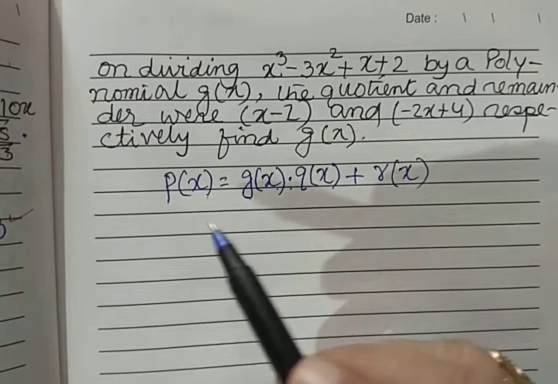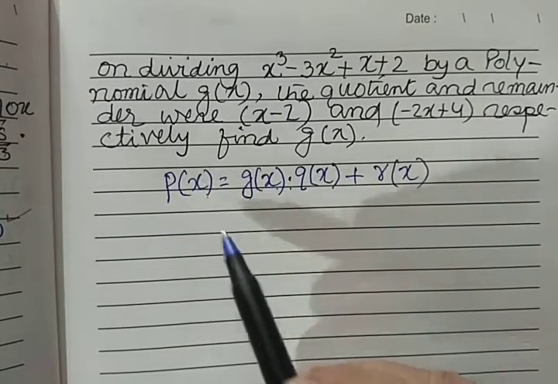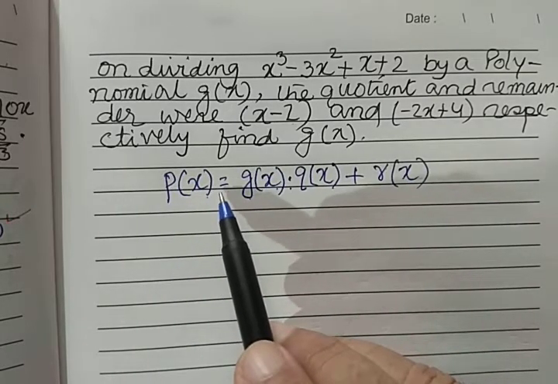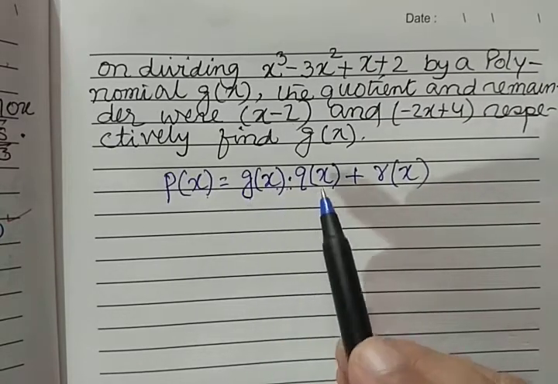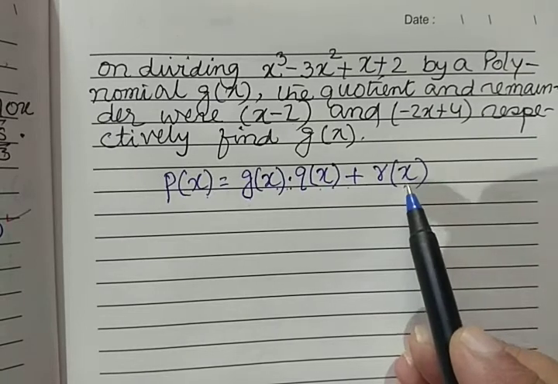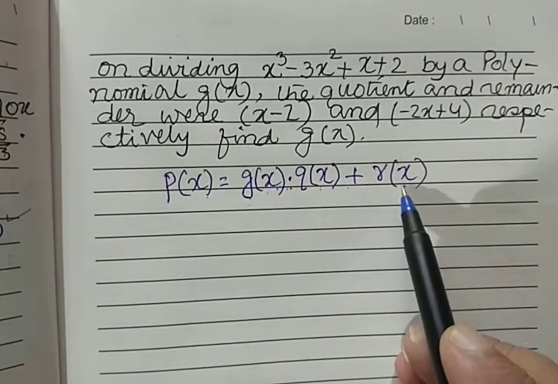That means if you divide a polynomial p of x by g of x, then p of x can be written as g of x into quotient plus remainder.